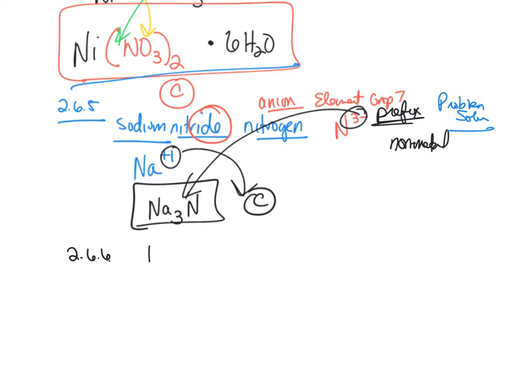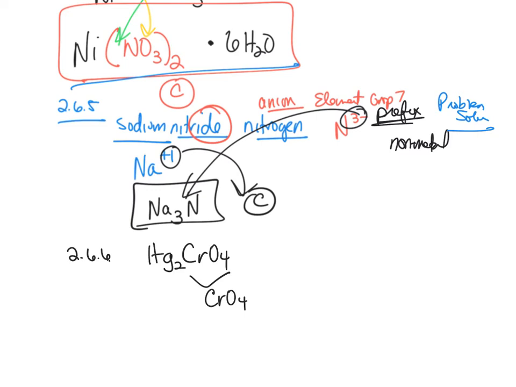Now if we do 2.66, we have Hg2CrO4. And you always want to start, anytime you get a transition metal, you want to start with the anion first. And this, I don't really have a trick for memorizing, so you have to memorize it.